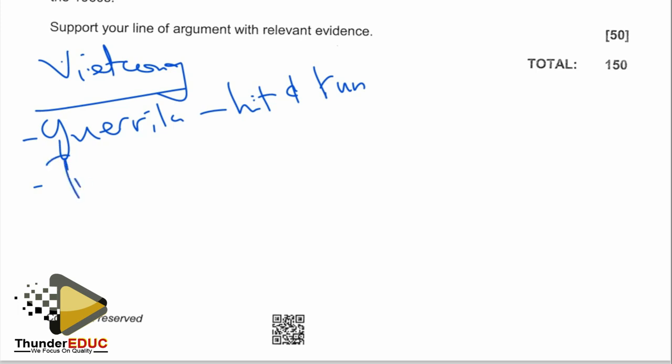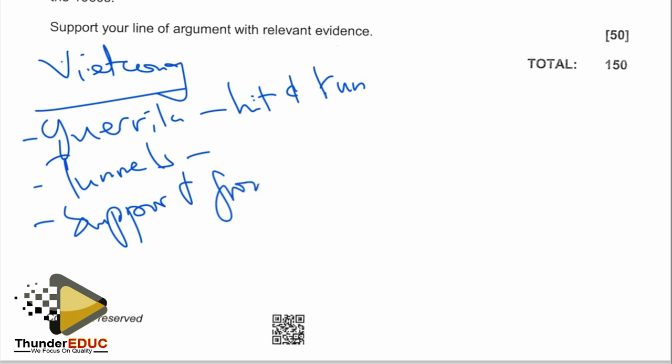And also you can talk of the tunnels, whereby the guerrillas would dig tunnels for hiding, and those tunnels had supply of food, kitchens, basics, and clinics, whereby they would take care of the injured ones, which meant that they strengthened their side. And also you can talk of the Viet Cong getting support from locals.